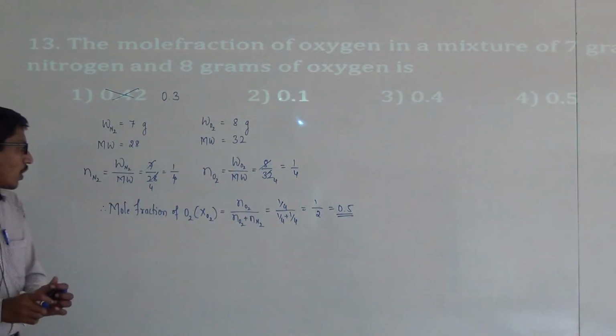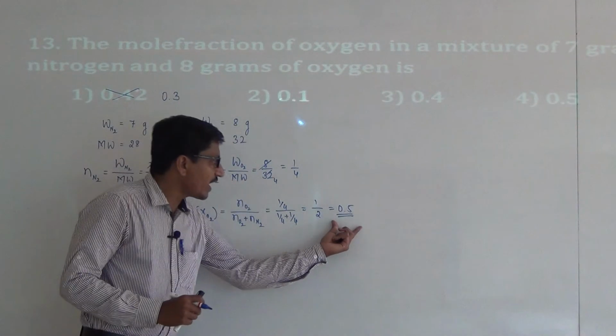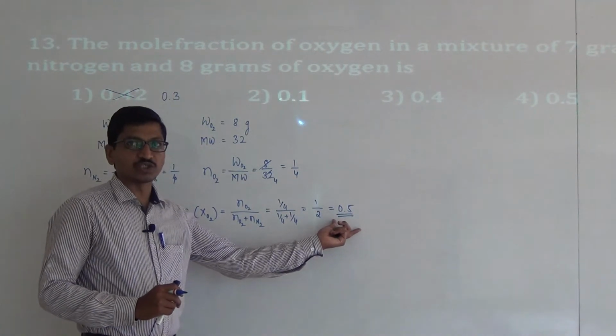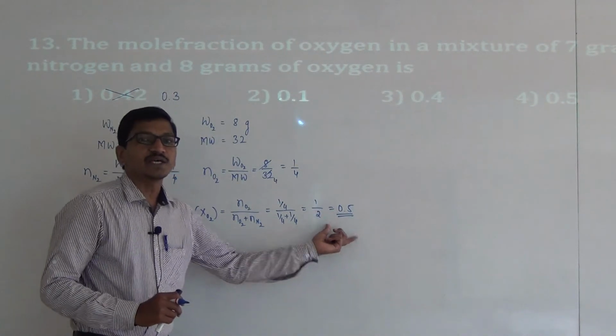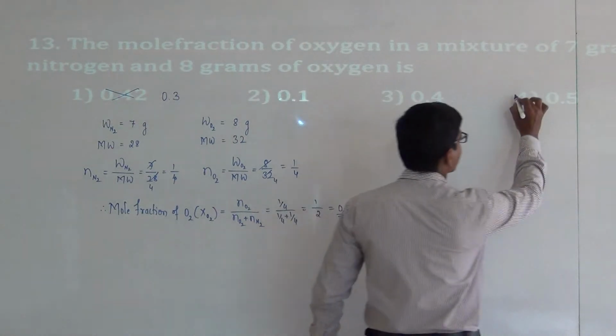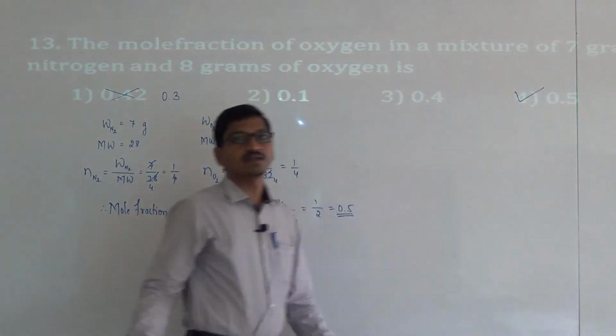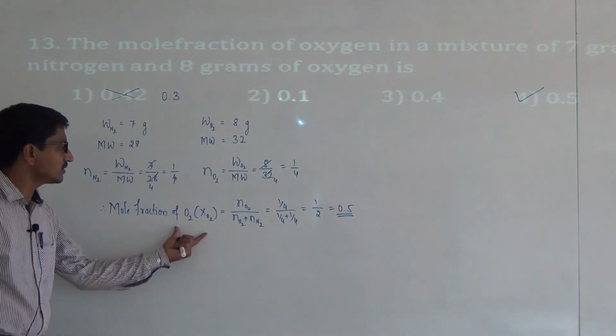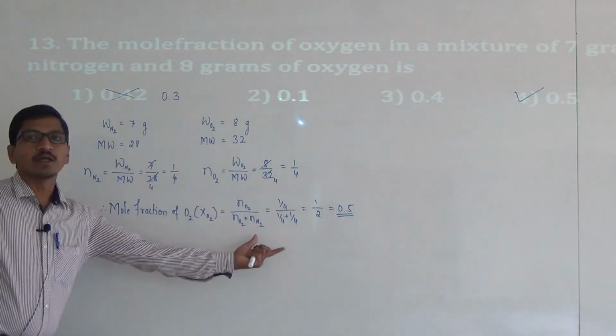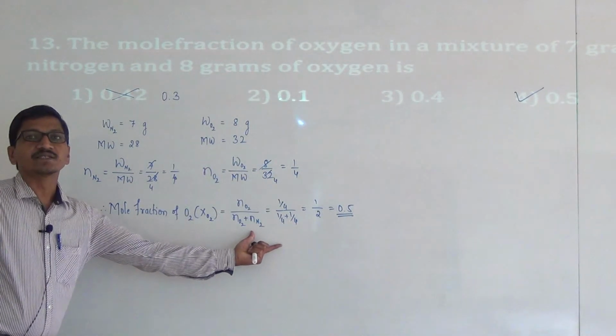The mole fraction of oxygen is 0.5 and the mole fraction of nitrogen is also 0.5, and the fourth option is the right answer. The mole fraction of oxygen as well as nitrogen both are the same.